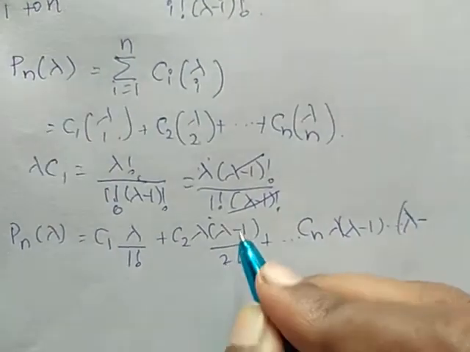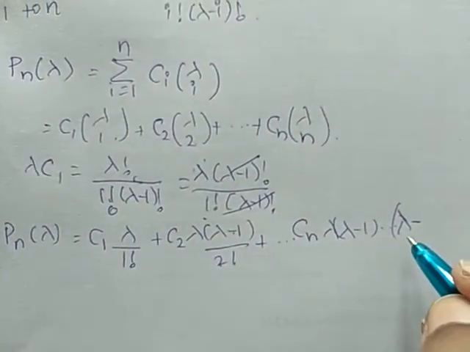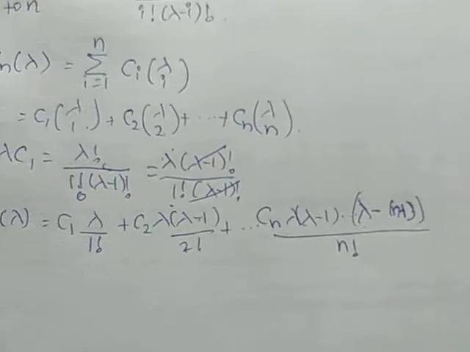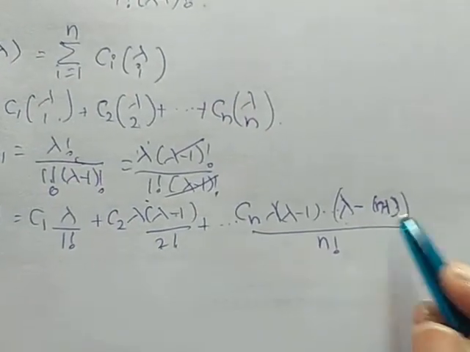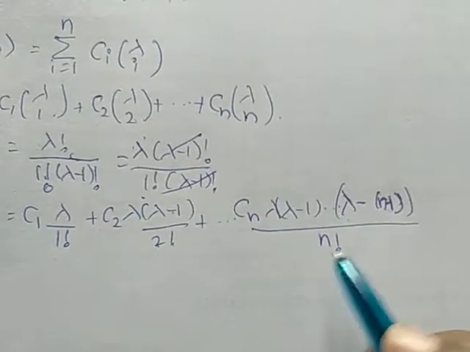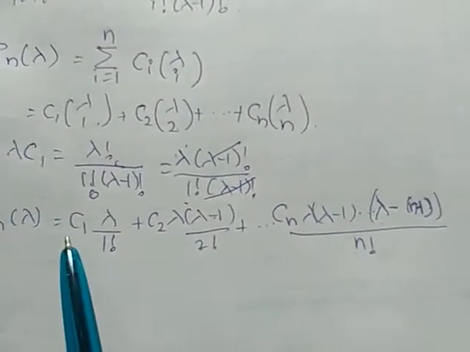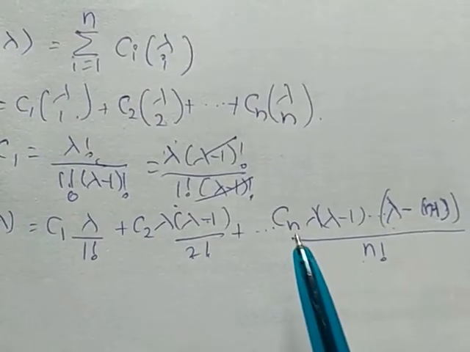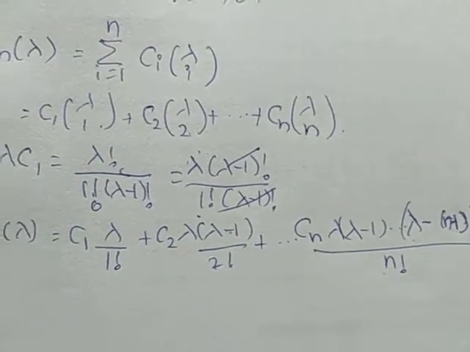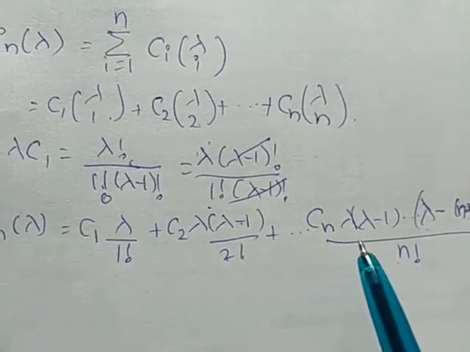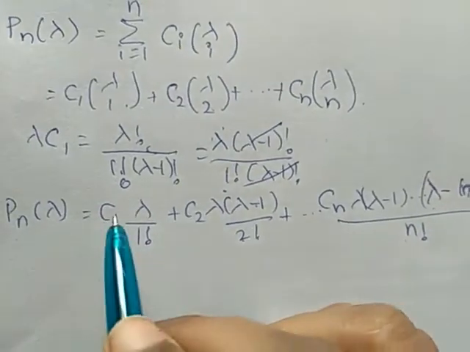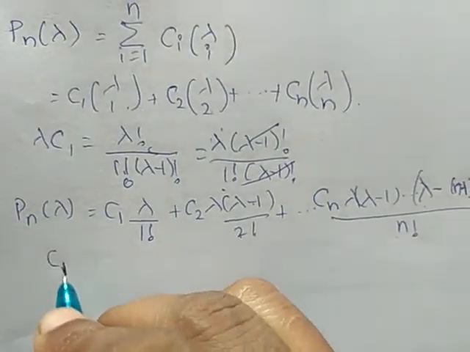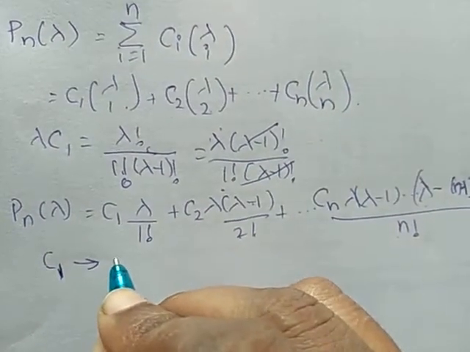See, if it is 2 factorial, it is 1 less than that, so if it is n factorial, it should be 1 less than that. Therefore, lambda minus n minus 1 by n factorial. Now we have to find C1, C2 etcetera, Cn separately. So we have to find C1, C2 etcetera, Cn values. C1 means 1. 1 means it is having only one color.